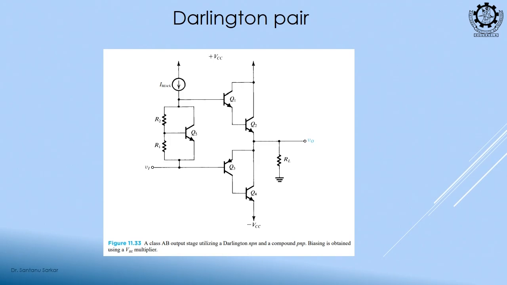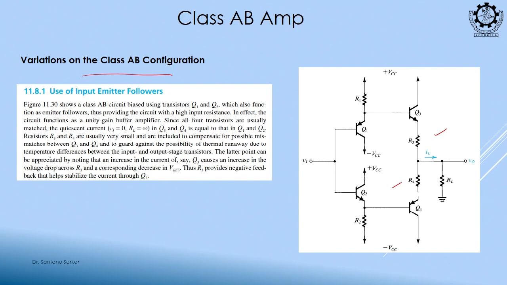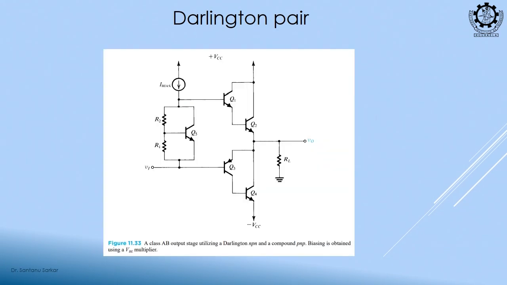Suppose in this circuit with NPN and PNP, you can replace this NPN with a Darlington pair and this with a Darlington pair, and you will be having more beta, more gain.